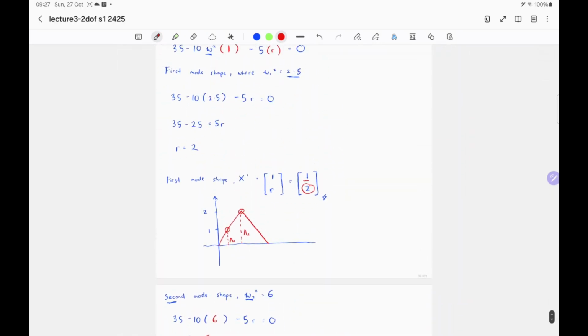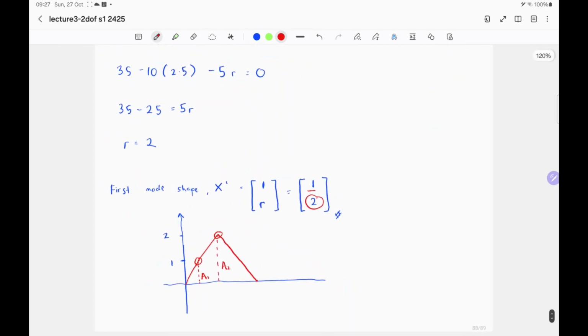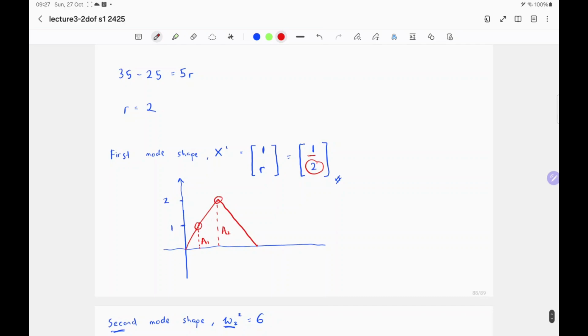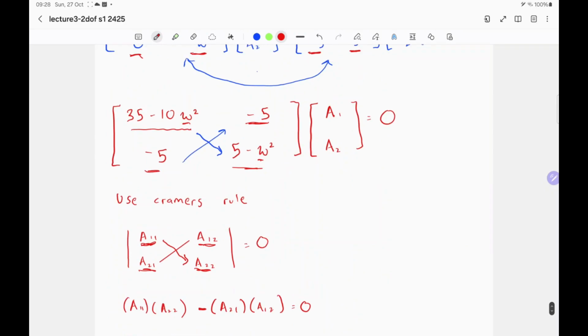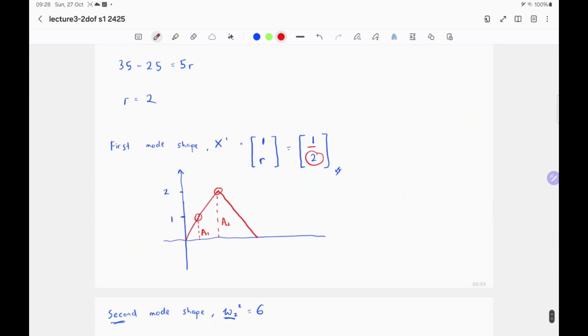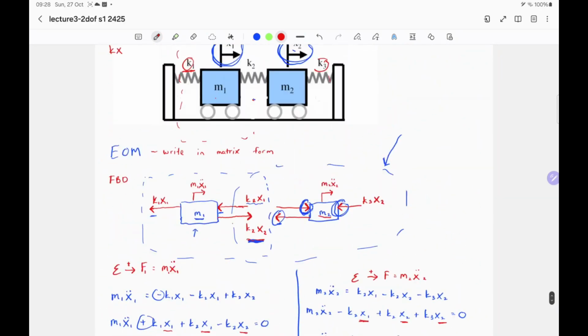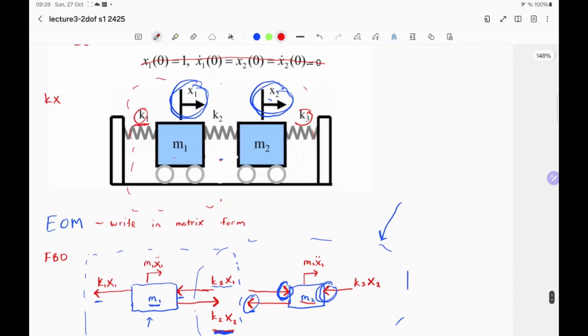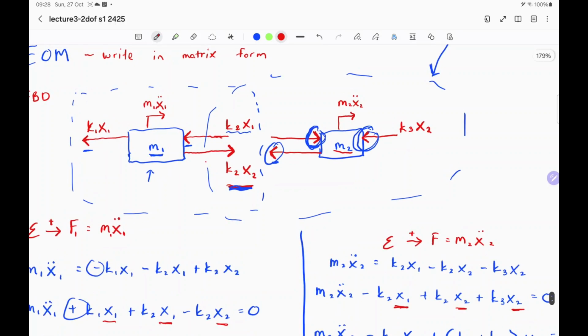For the first mode shape, what we obtain is 1, 2. What it tells us is that if mass 1 is moving to the right-hand side by 1 unit, the second mass is moving to the right-hand side by 2 units.